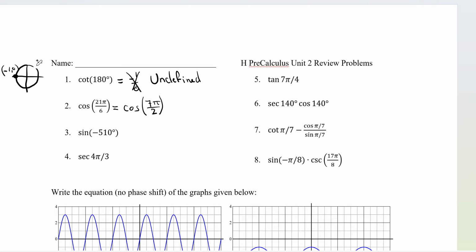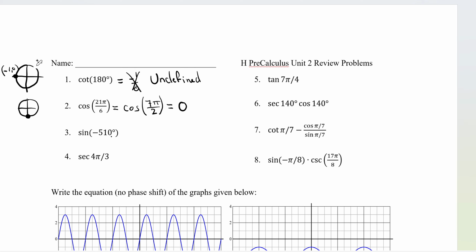And 7 pi over 2 will be the same thing. If you're thinking about your unit circle again, you'll have pi over 2, 3 pi over 2, 5 pi over 2, 7 pi over 2. So you will be down there, right? So the cosine of 7 pi over 2 will be 0.